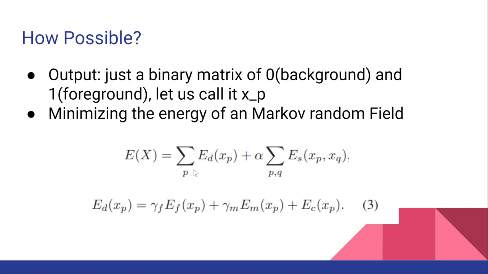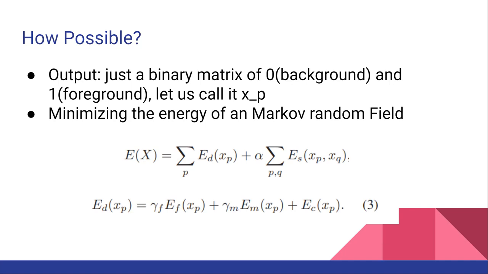You can see there are two terms here. One is the E_D(xp) on the left, and another is the 2D relations. We skip the second part, which penalizes if we classify two adjacent pixels with different labels but they are very similar in intensity.